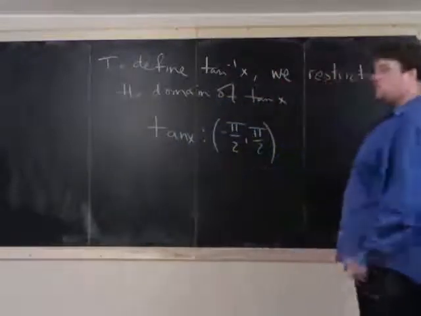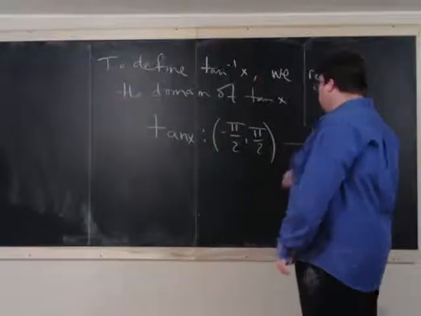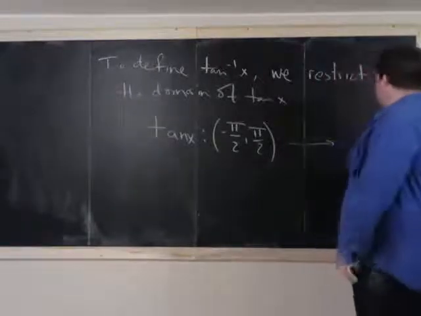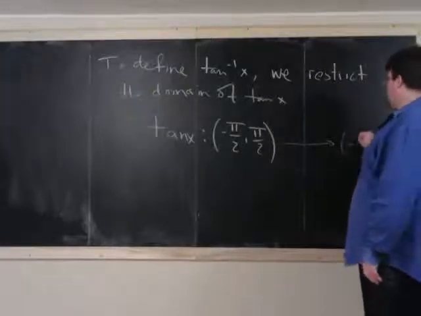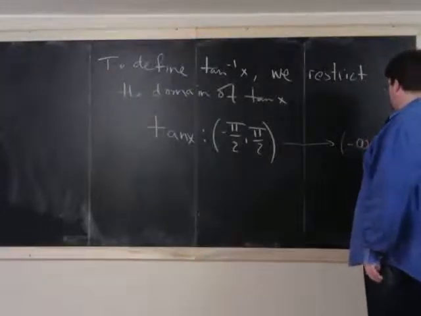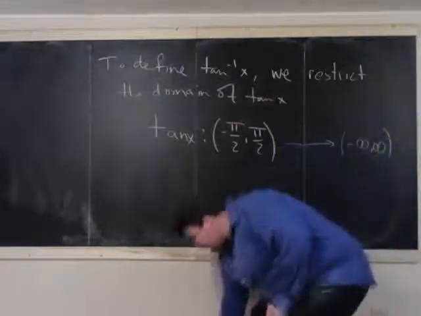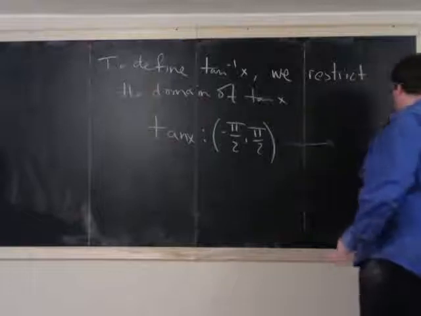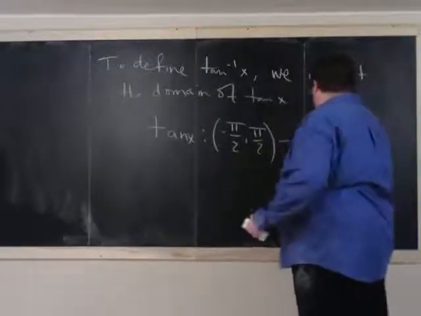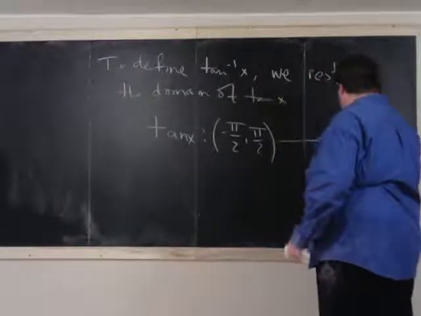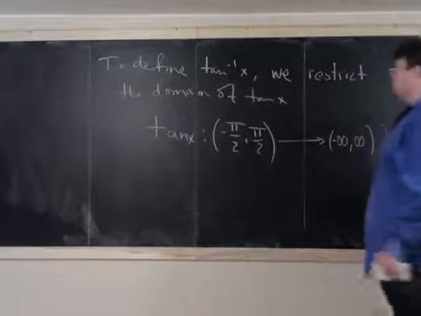Now we're not including the endpoints because those are not in tangent's domain to begin with. Tangent is not defined at the endpoints. Now tangent is different. Tangent's not between just negative 1 and 1. Tangent hits all real numbers. That might be off the screen. I'm just going to rewrite this. Negative infinity to infinity. Tangent hits all real numbers.